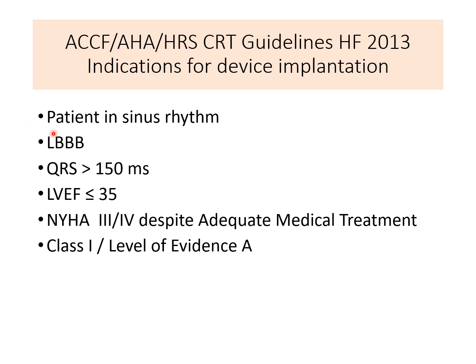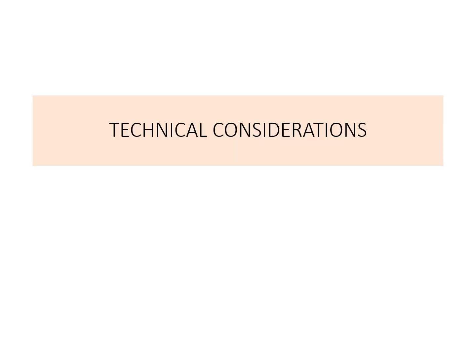Patients in sinus rhythm, and by the way, that's mostly still the case now, mostly patients with left bundle branch block, you like to see a wide QRS of at least 150 milliseconds. Patients with low ejection fraction below 35, in New York Heart Association class 3 or class 4 heart failure, despite adequate medical treatment, this will then become a class 1, level of evidence A, indication for treatment with resynchronization therapy.